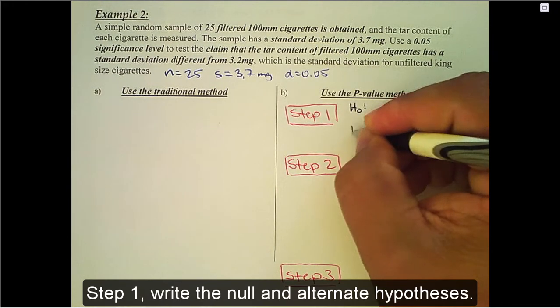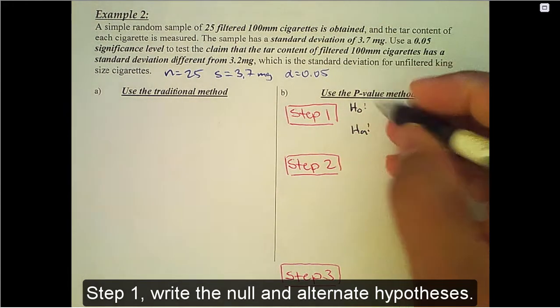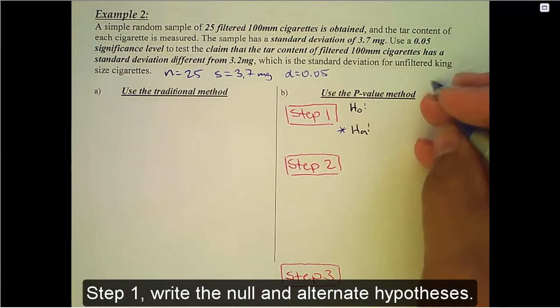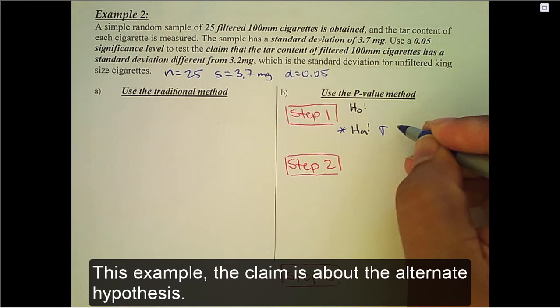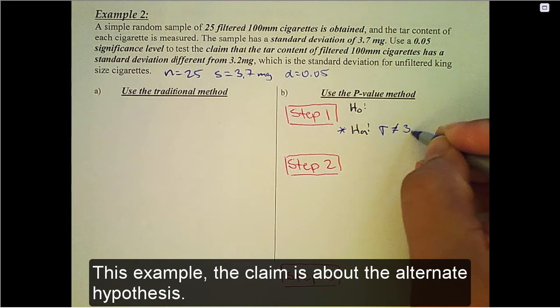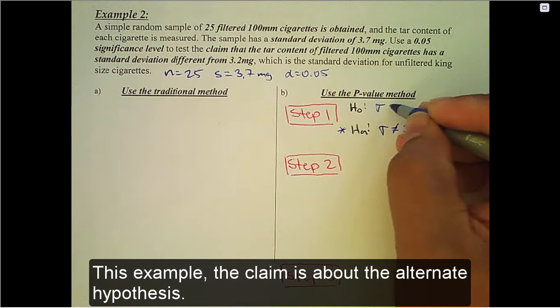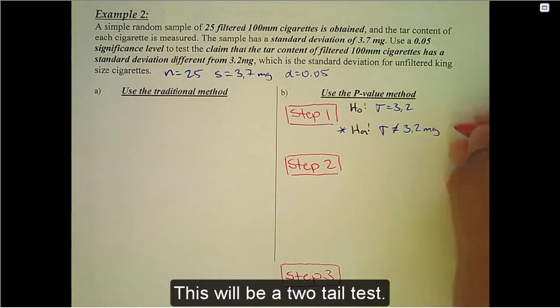Step 1, write the null and alternate hypotheses. In this example, the claim is about the alternate hypothesis. This will also be a two-tailed test.